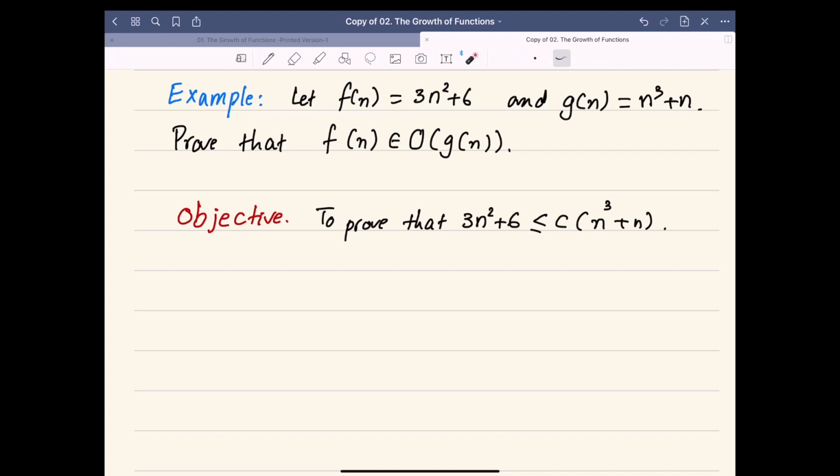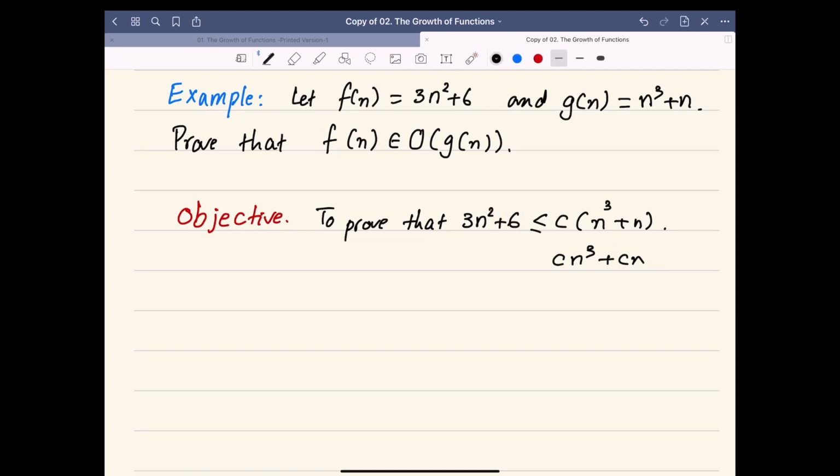So here if you compare left hand side and right hand side, if you multiply these, you will get cn raised to power 3 plus cn. So I need to replace 3n squared by a constant multiplied by n raised to power 3, and I need to replace 6 by a constant multiplied by cn.